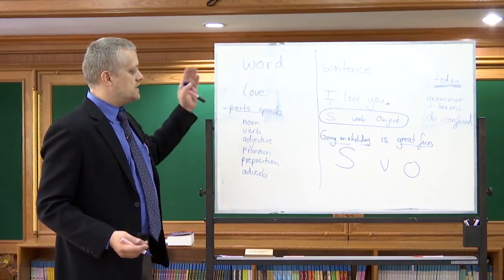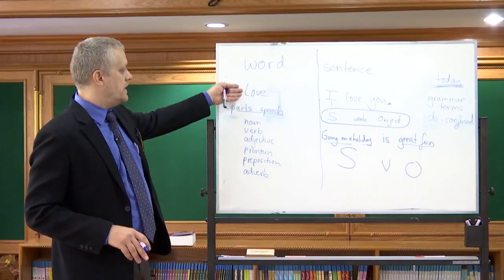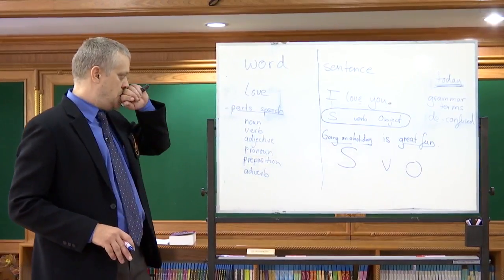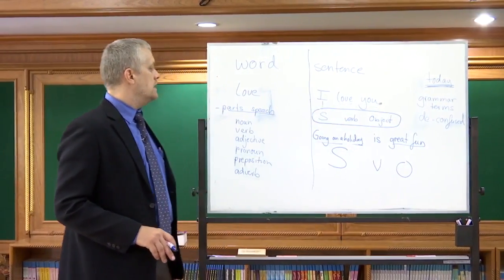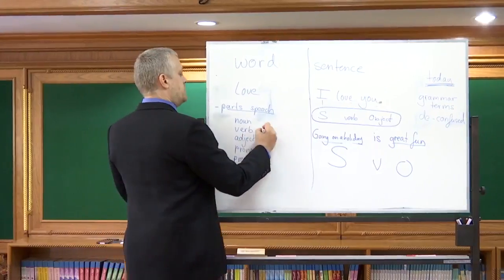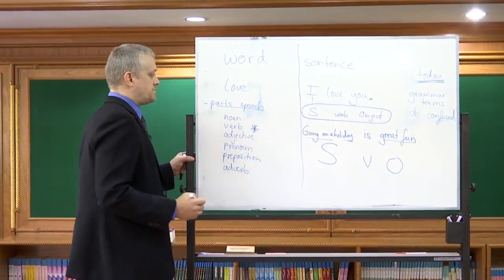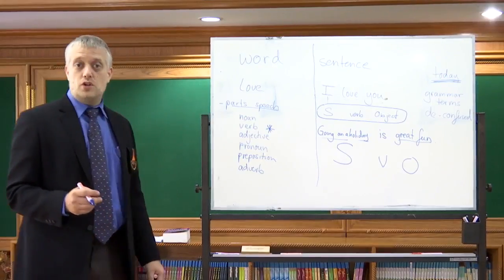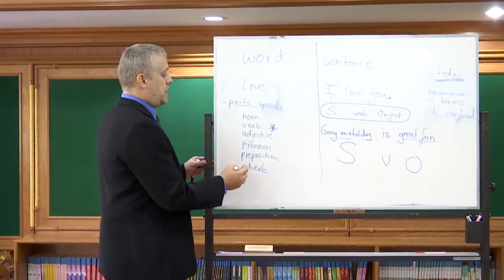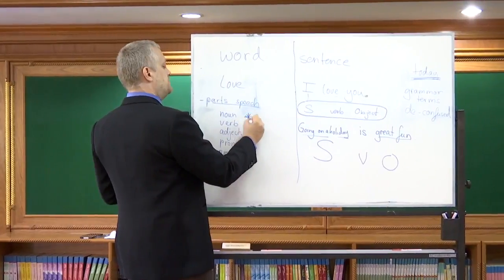Now, before I stop this part here, I want to have a look at love. In this case, love is used as a verb. But we should all know, if you look at the word love, it could also be a noun.